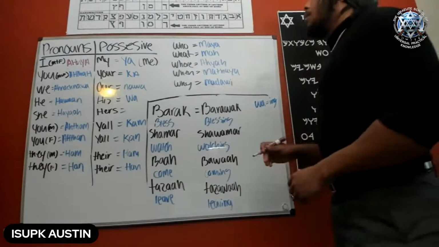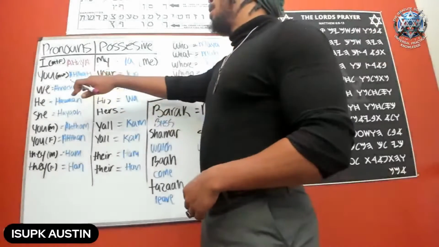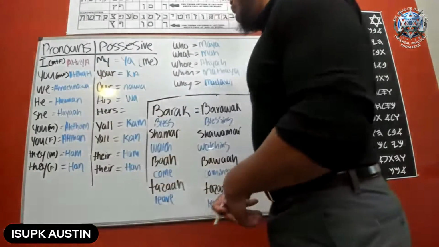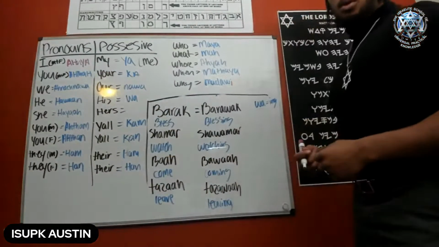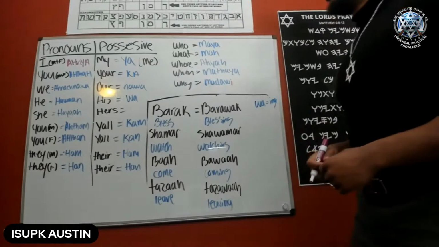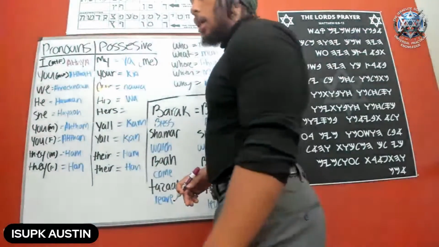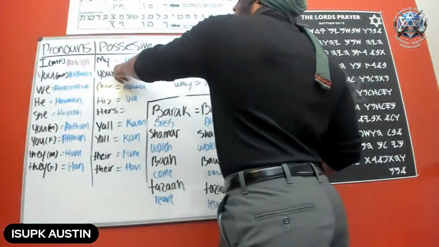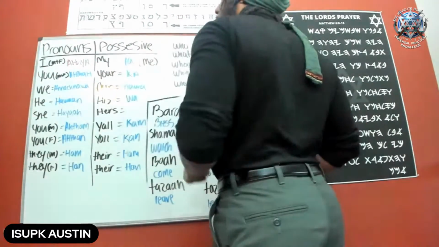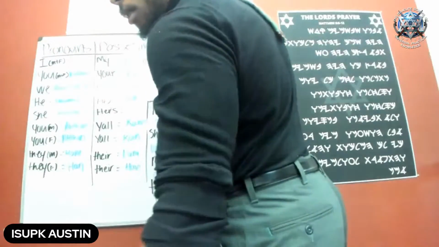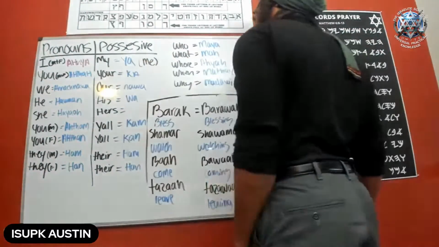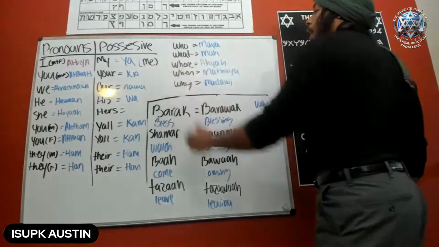So, we have Anya as I, which would be if I said I went to the store. But if I just want to use my, I'll use ya at the end of a word.